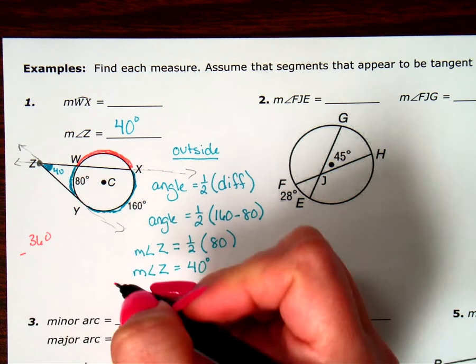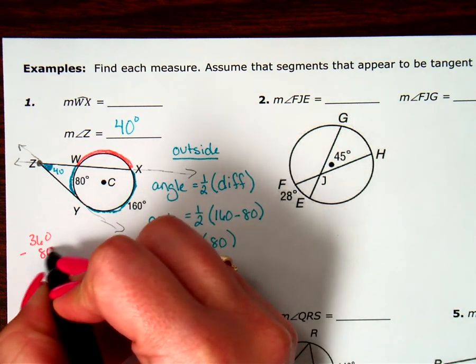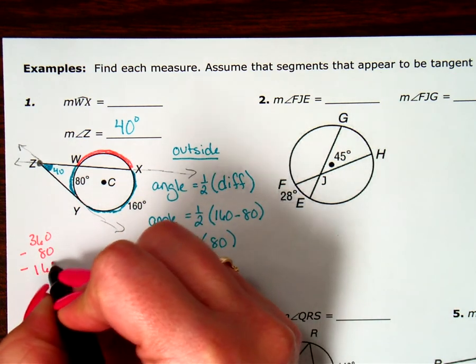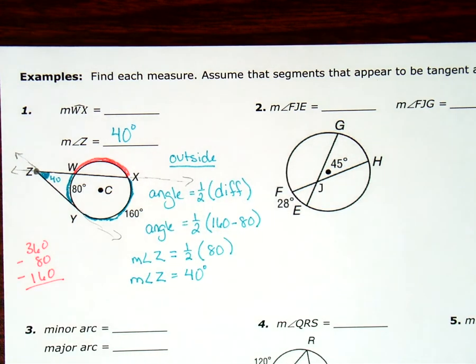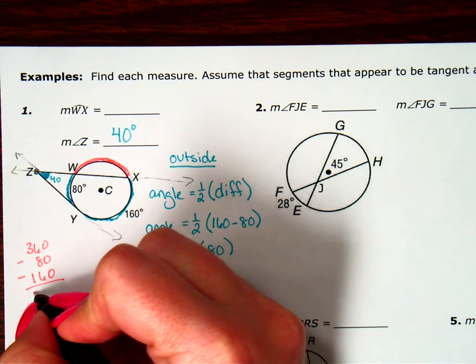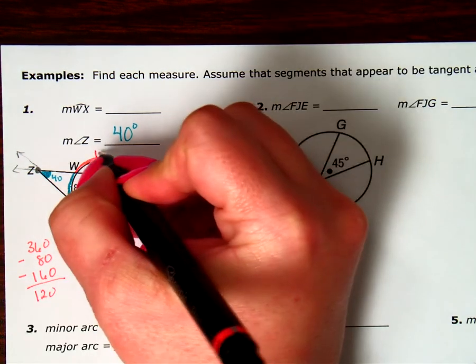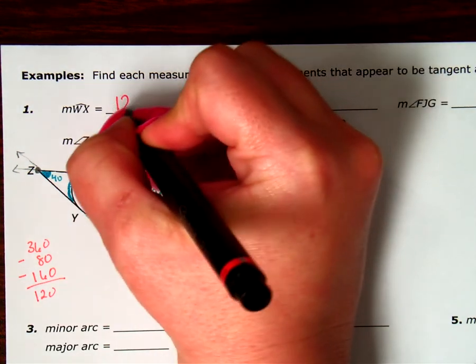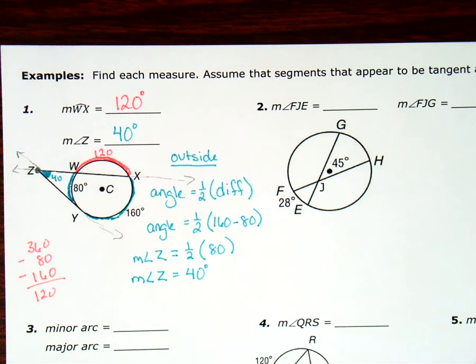So in my calculator, I do 360 minus 80, which is 280, minus 160, leaves me with 120 degrees for this arc right here. Okay, let's look at the next problem.